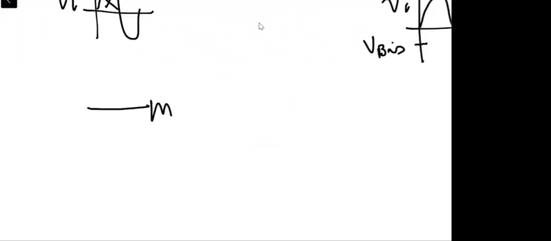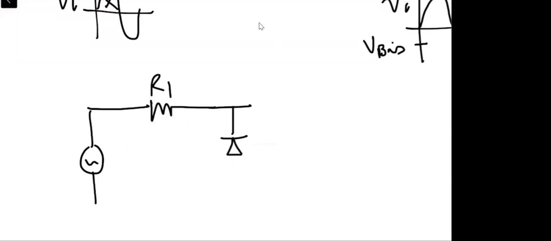So we have resistor R1, we have the AC source, we have the diode, and then to the diode, what we do is we change the direction of V bias.